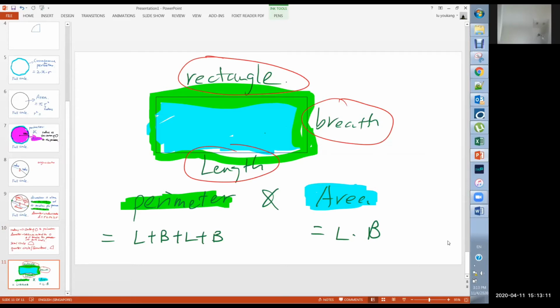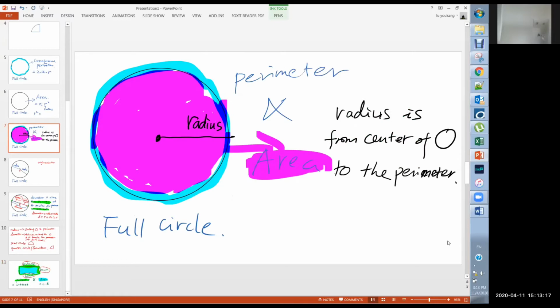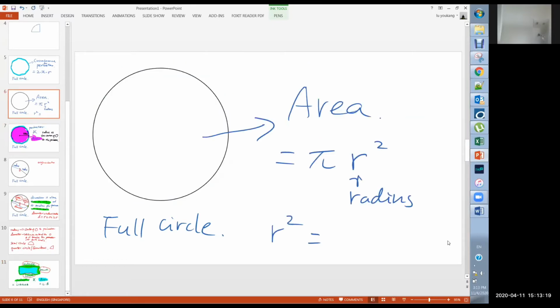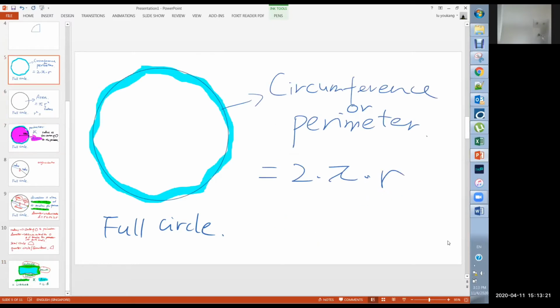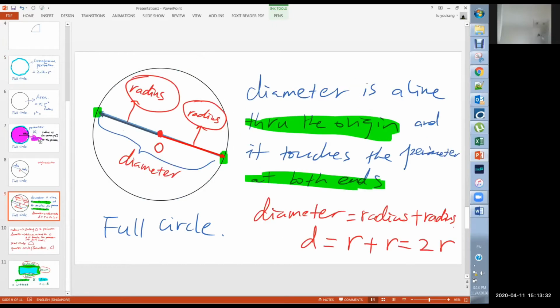While we are taking the break, I want you to copy down this thing: formula for area, perimeter for circle, plus this one, the 3 formulas.